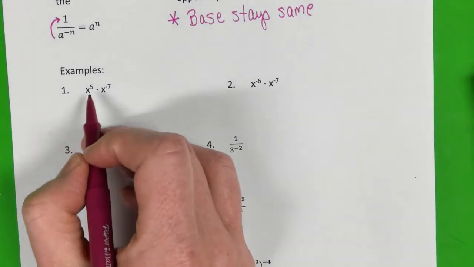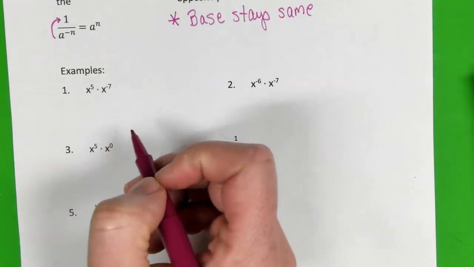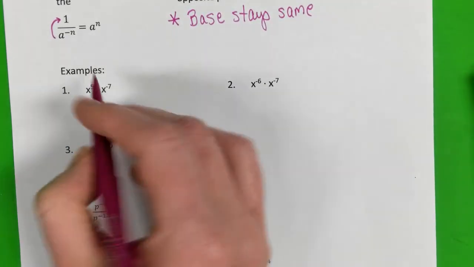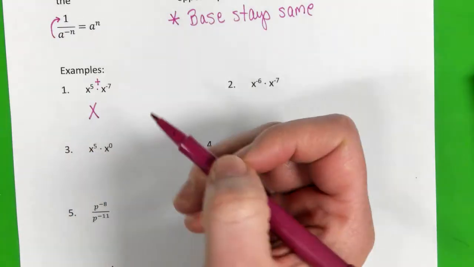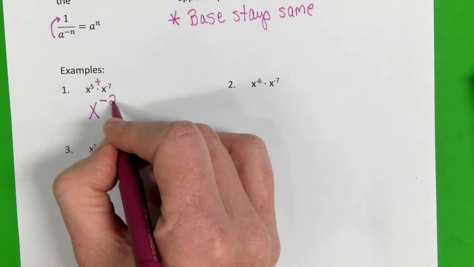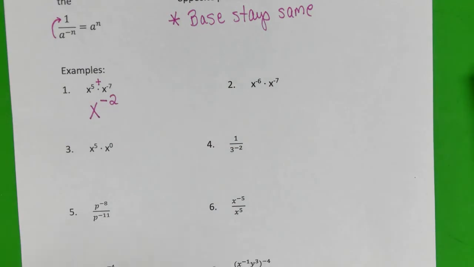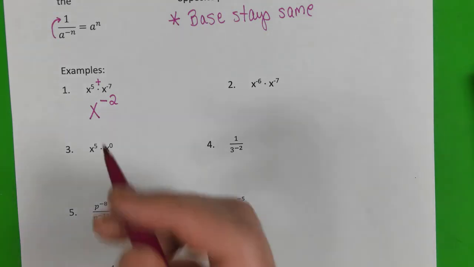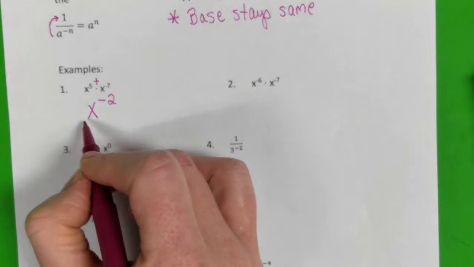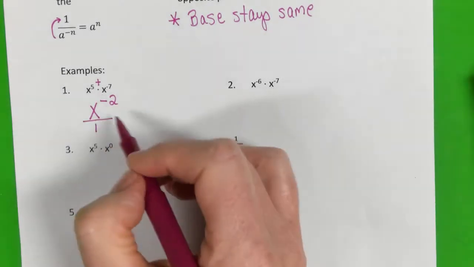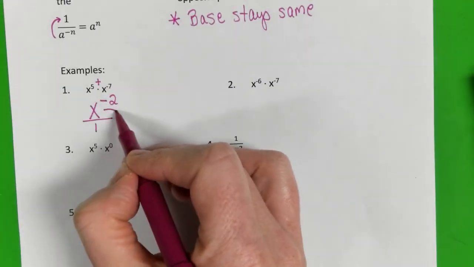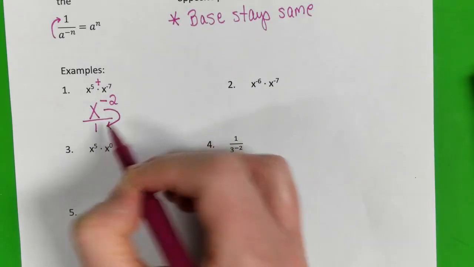So, x to the 5th times x to the negative 7th. If I was doing this problem, I would start by putting this together. 5 plus negative 7 is negative 2, right? Now, this isn't simplified because we have negative exponents. We don't ever want to write this with negative exponents. So I'm going to put this over 1 to make it a fraction, and all I have to do is move the x to the denominator.